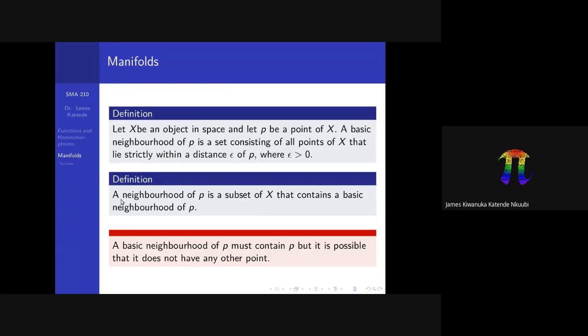Now, a neighborhood of P is a subset that contains a basic neighborhood of P. A neighborhood doesn't have to be circular.